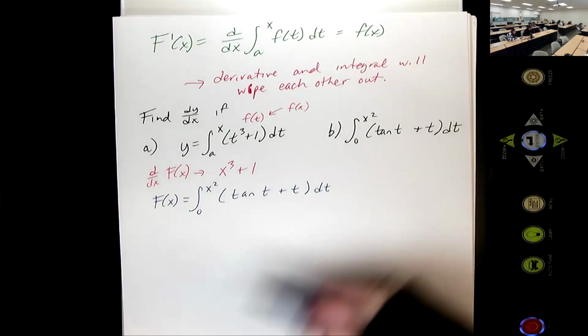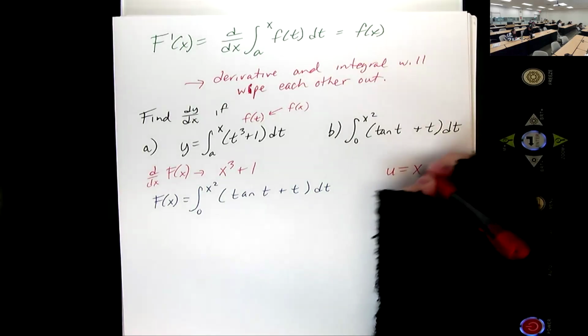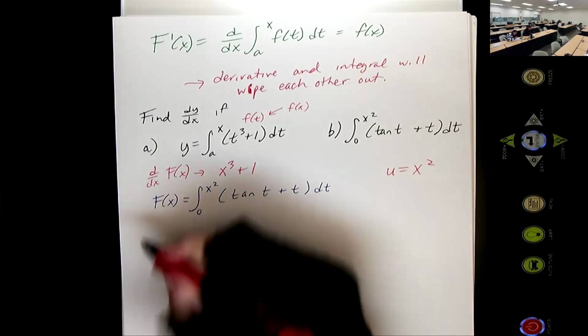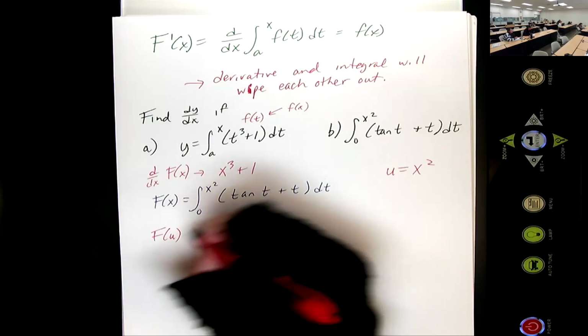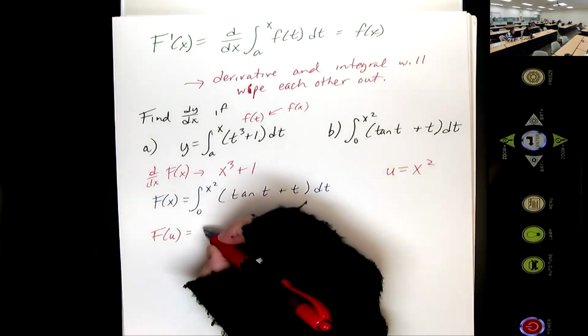Our theorem is for x, not x squared. So what I'm gonna do is say u equals x squared. So this turns into f of u. That's so great. This is the FU integral.